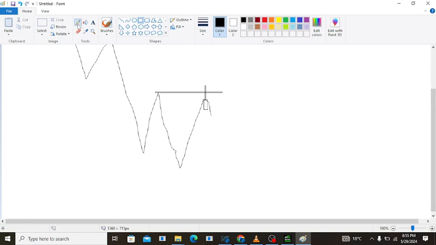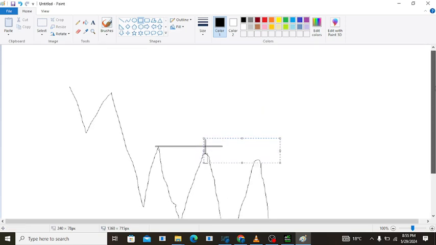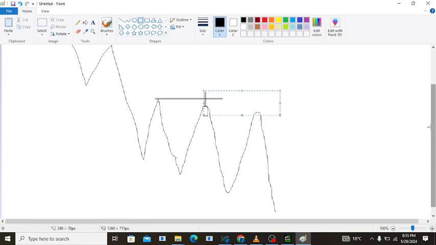Because this is my high probability setup, I'm selling here. But without context, it's really useless.